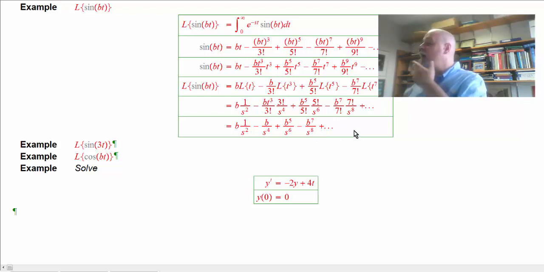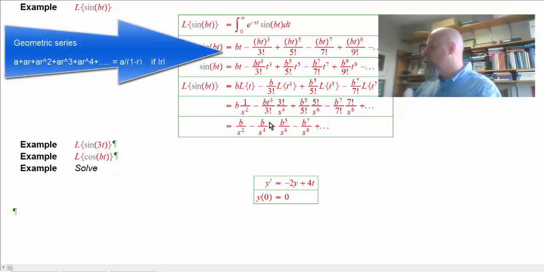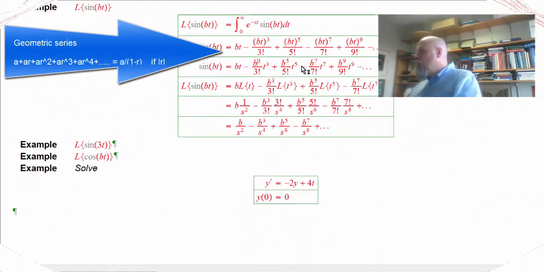All right. But now I see that, let's put the b up top here then. This looks like a geometric series, where the first term is b over s squared, and the next term is just the last term times b squared on the top and s squared on the bottom.